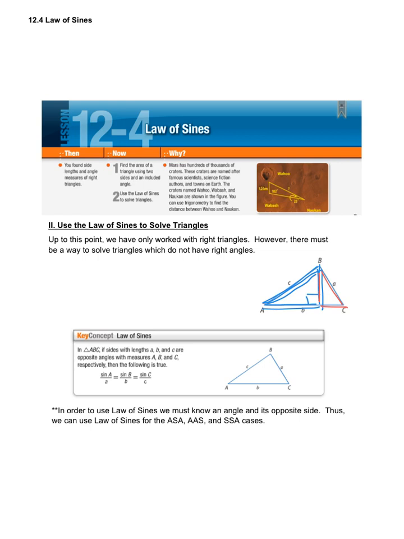If I'm looking at my blue triangle, the sine of A is going to be the height over C. In my red triangle, the sine of C is again this height over the hypotenuse.